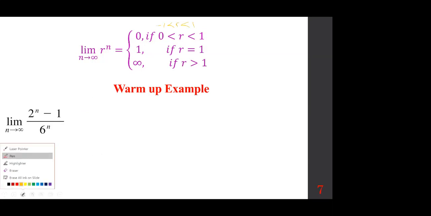If it's 1, it gives you 1. If it's larger than 1, it gives you infinity. When it comes to taking the limit, I would just plug in, everybody. So what happens when you plug in?